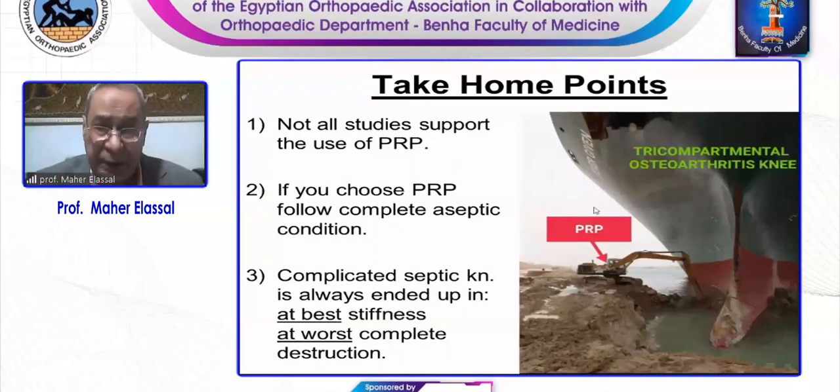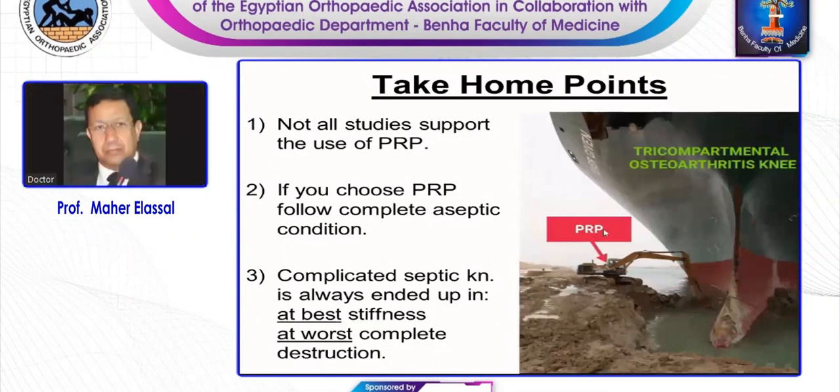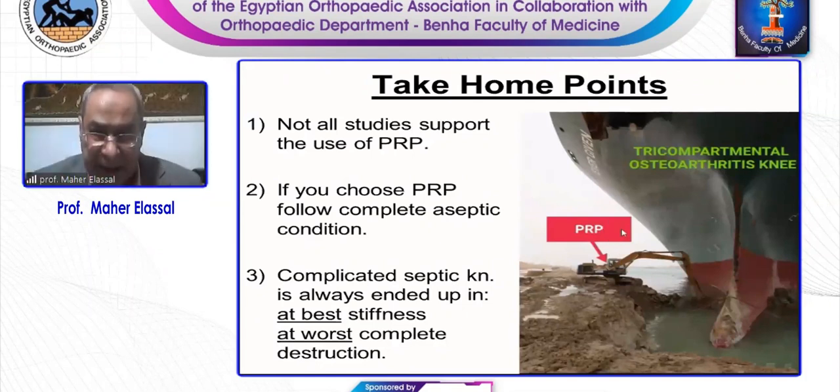The effect of PRP on this tricompartmental osteoarthritis is like the negative effect of pushing the tractor on this giant ship to refloat it again in the normal water path. So not all studies support the use of PRP.